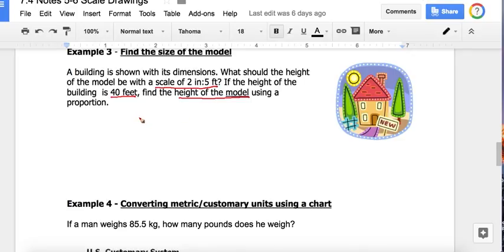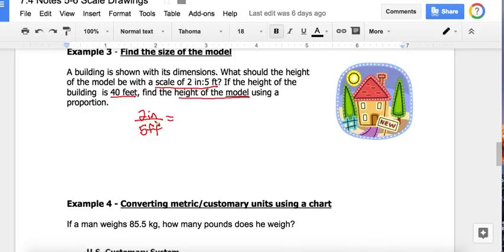Okay, so the first step is to see, first of all, if we have any fractions, and we don't. So now we're going to find our scale and write a ratio. So 2 inches over 5 feet equals, now we have 40 feet, and we want to find the height of the model.